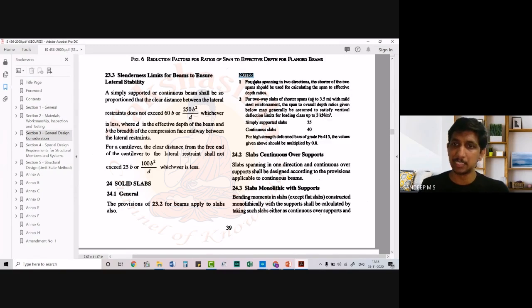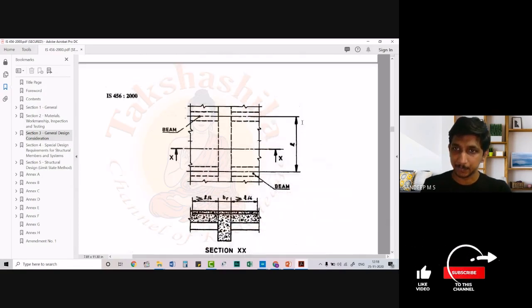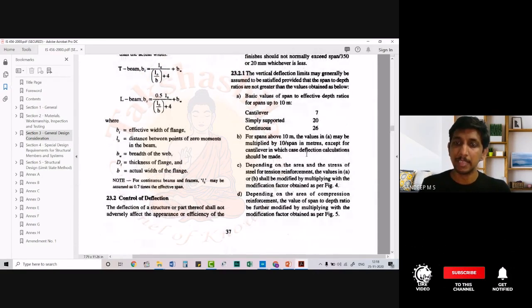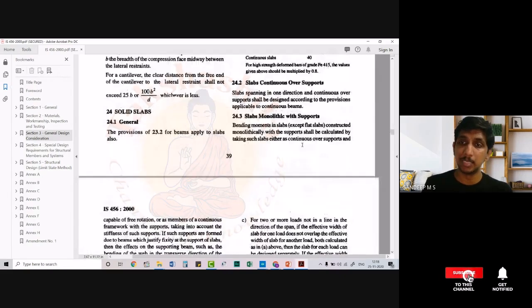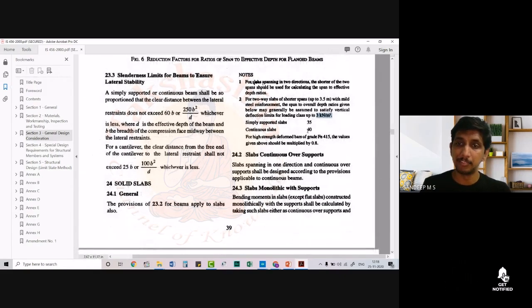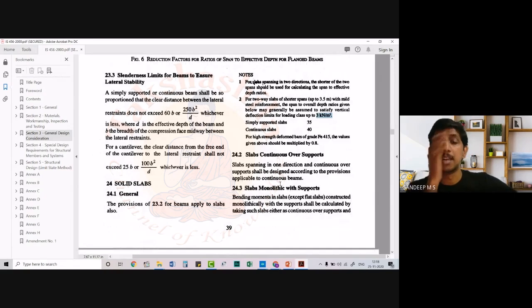So different conditions are there. The maximum length should be 3.5 meter and the load should be 3 kilonewton per meter square. Then in that case, instead of the values given here, we can use the span to depth ratio of 35 and 40 for simply supported slabs and continuous slabs. That is what is given in note 2.